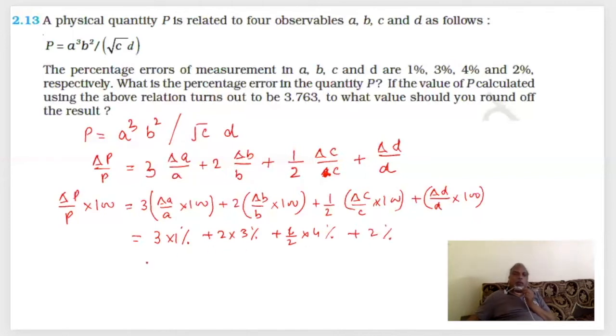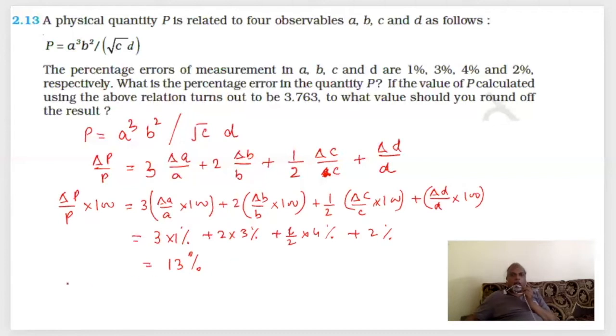So if you find out, this will be 3, 6, 9, 9, 2, 2, 4, that is 13%. So the error in the measurement of delta P will be of the order of 13%.